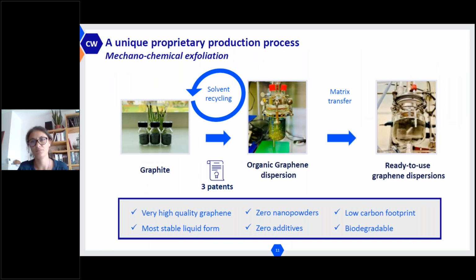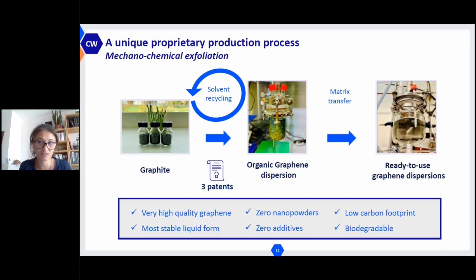And for that, Carbon Waters used a patented process to produce graphene dispersion from graphite. And the assets of this process are several. The first one is we are sure of the quality of the graphene because it doesn't change when you transform it in powder, because we don't have to transform it in powder.